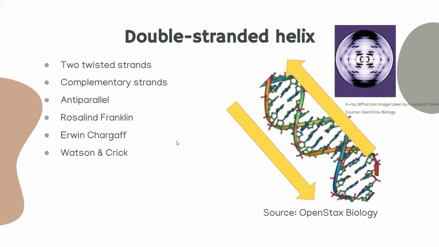So A and T, and G and C are equal. That's what he found. And taking from Rosalind Franklin's picture and the fact that Erwin Chargaff found, Watson and Crick devised this double-stranded helix structure, which we know as the structure of DNA to this day.